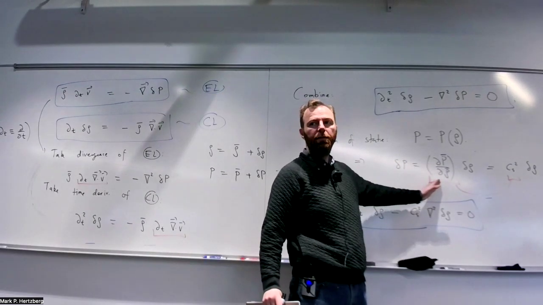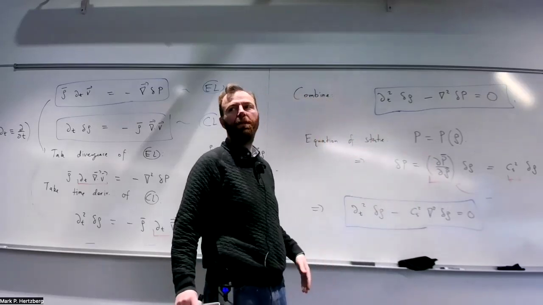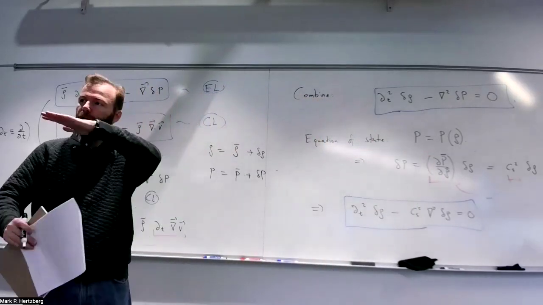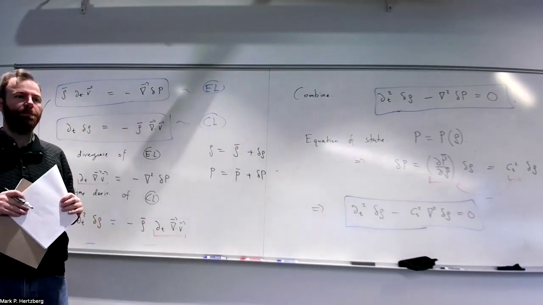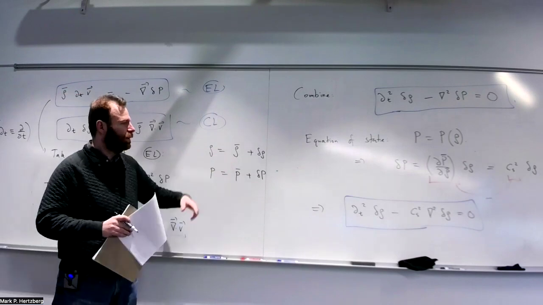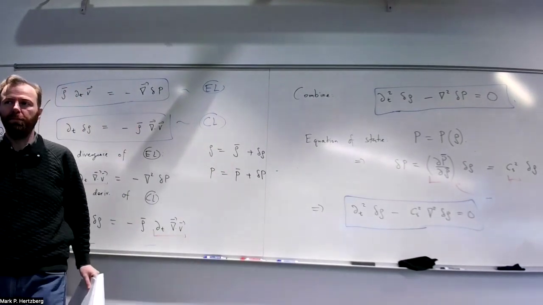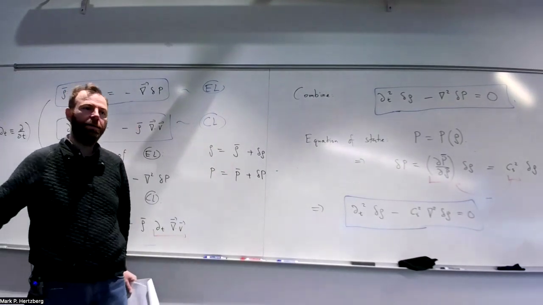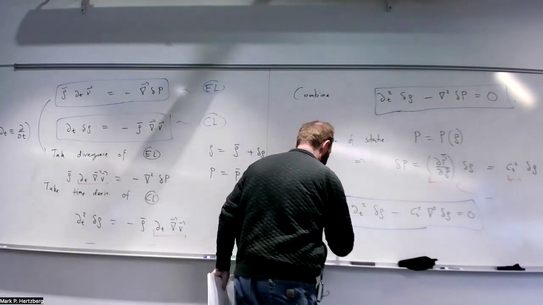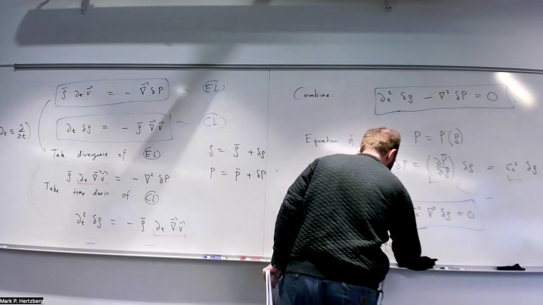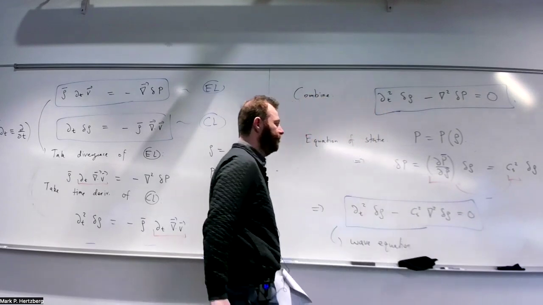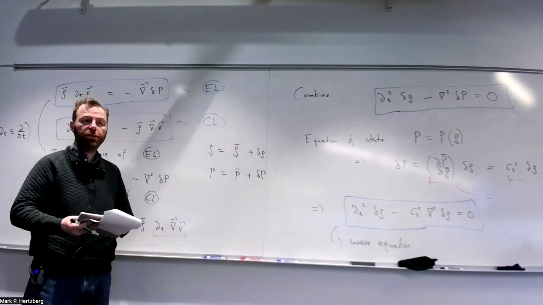Does that make sense? And the point I'm expanding around is a constant in space because I'm assuming the background is homogeneous, if I wasn't clear about that. All right, so questions about this?